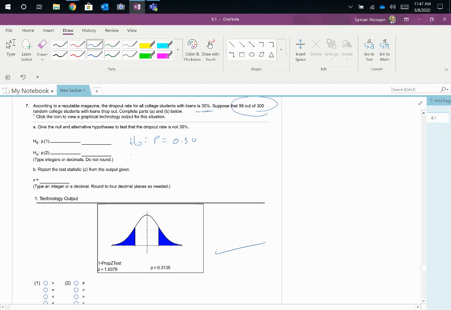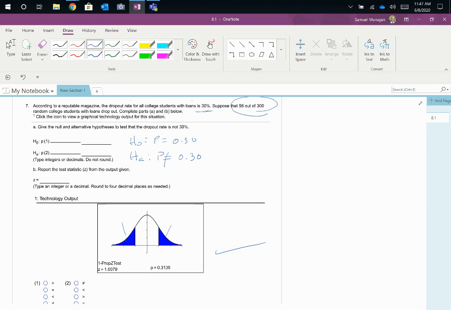The alternative hypothesis HA, P, and in this case we're trying to say it's not equal to 30%. Remember, this is two-sided, so not equal to 30%. So 0.30, we have to put it as a decimal. If it were one-sided, then we would say less than or greater than, depending if it was on the left or on the right. But in this case, it's two-sided.